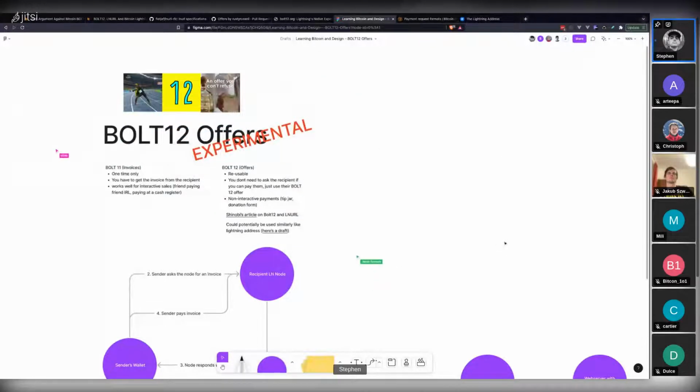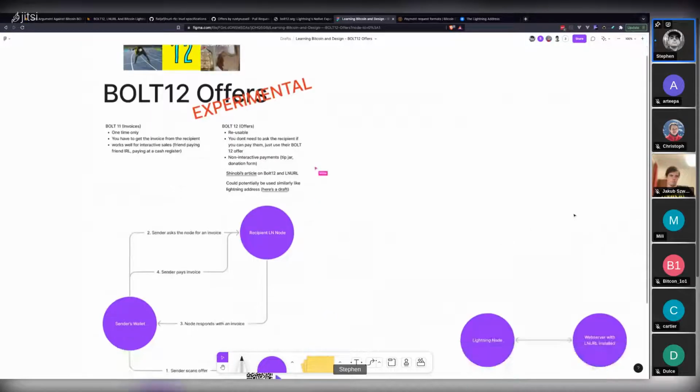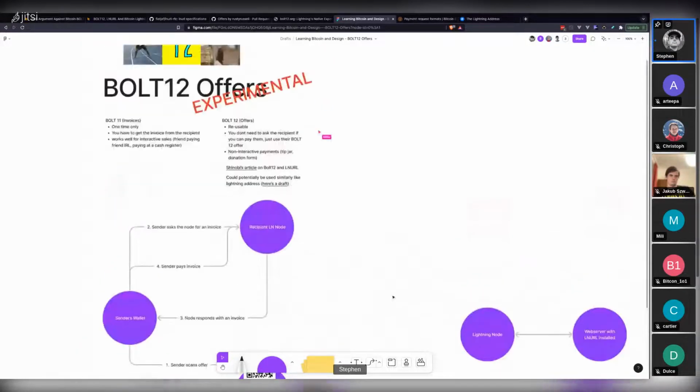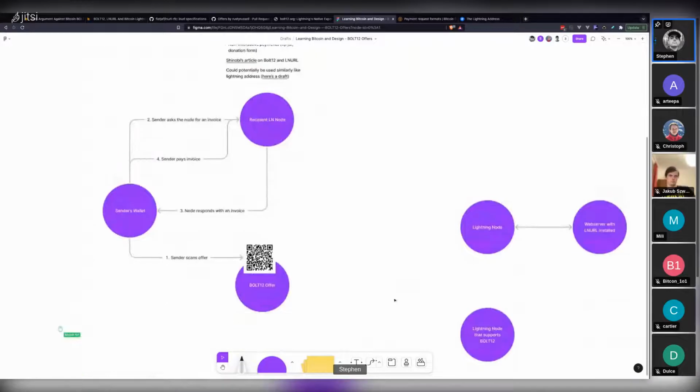Core Lightning definitely supports it. I want to say some other implementations are working on it. LND doesn't support it, I think LDK is working on it, and I'm not sure what Eclair's status is. So it's very experimental. Right now there are absolutely compatibility issues with Bolt 12. Basically only Core Lightning people can use it.